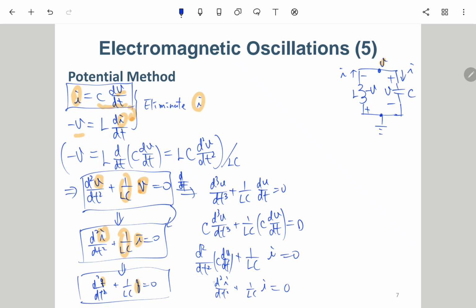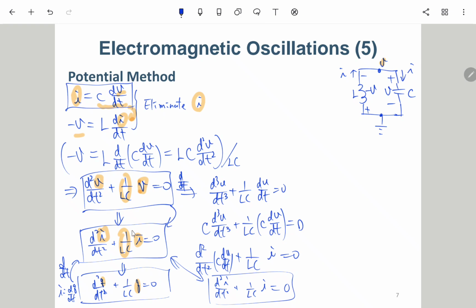Something like this. So we may be able to go from the first one to the second one. And for this one, actually we can easily do it from the third one to the second one. You just take the derivative on both sides, and make use of I equals dq/dt, and then it becomes the second one.